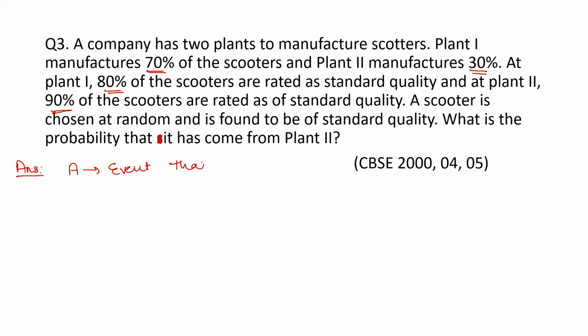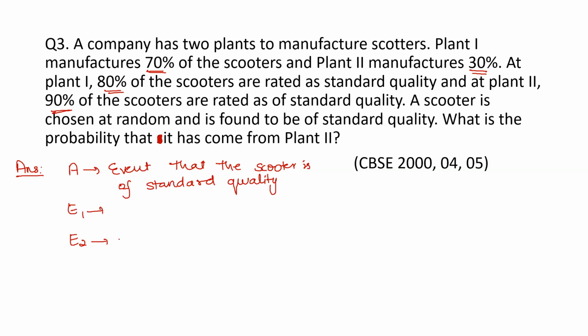Take A as the event that the scooter is of standard quality. Next, take E as the event which you need to find out. Here they are asking the probability it has come from plant second.